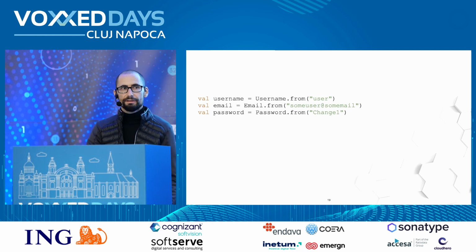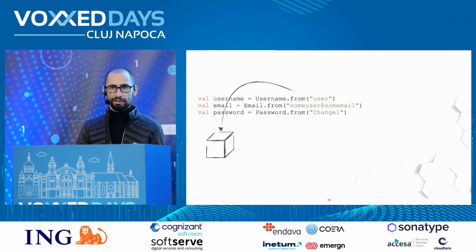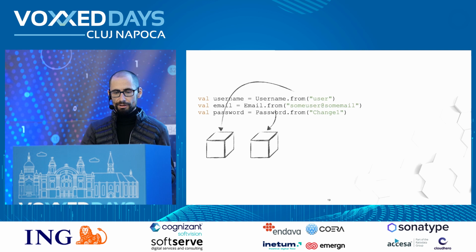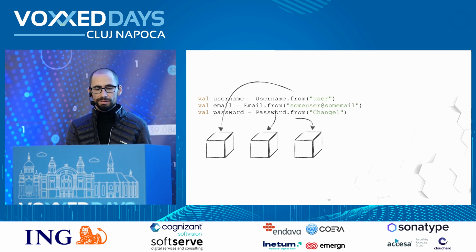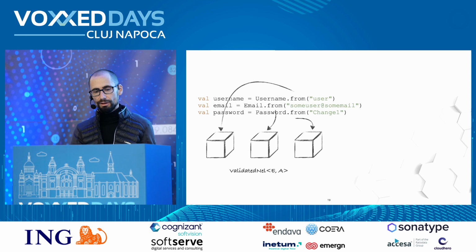And what happens here is that instead of getting back the actual type, basically we're getting back a box for the username, for the email, and for the password as well. And each of these boxes are of type ValidatedNel of E and A, E being the failure and A being username, email, and password.